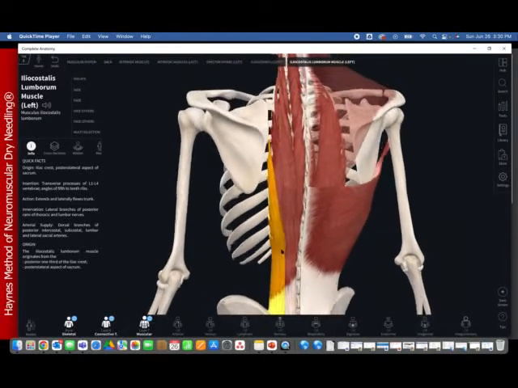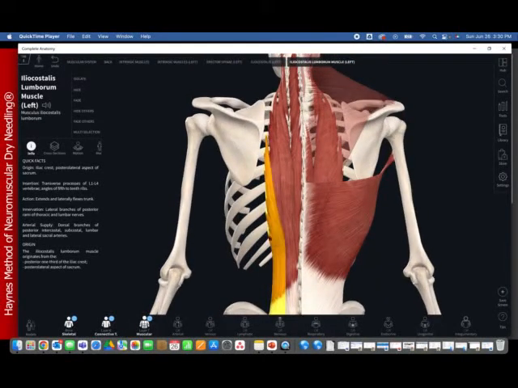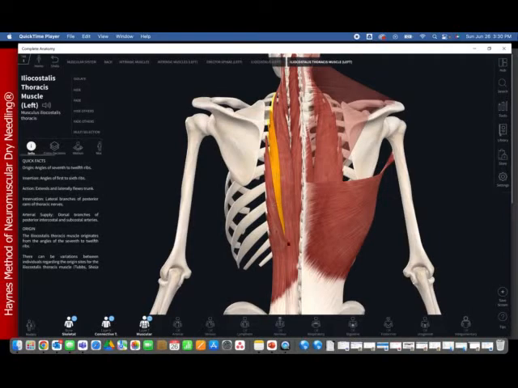As we get to the 10th, 11th rib, we're going to see that iliocostalis move a little bit more lateral with respect to this paravertebral group. And partly that is because this is also the location where iliocostalis thoracis originates and takes off between iliocostalis lumborum and longissimus thoracis.